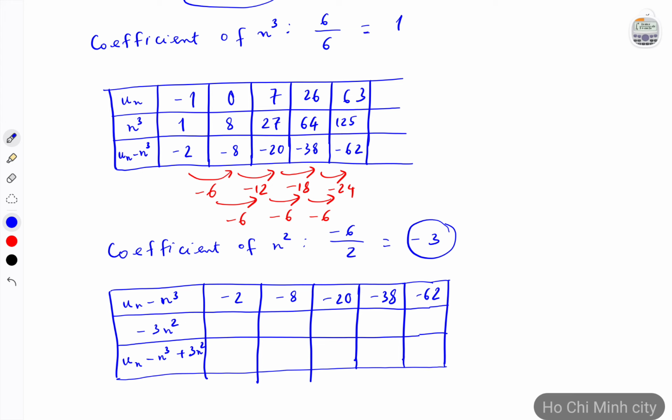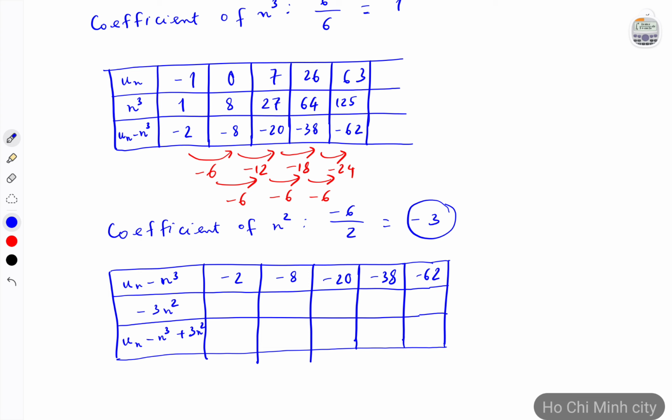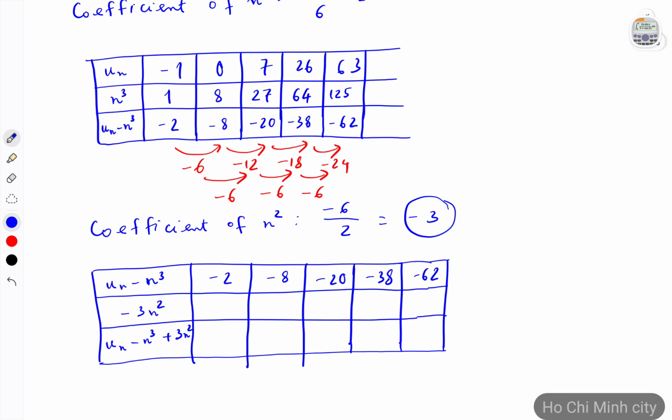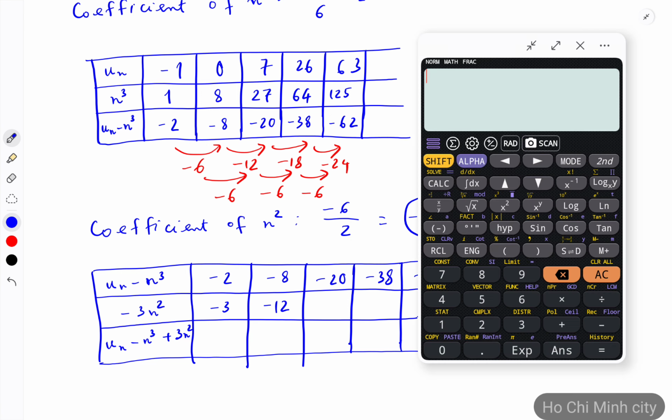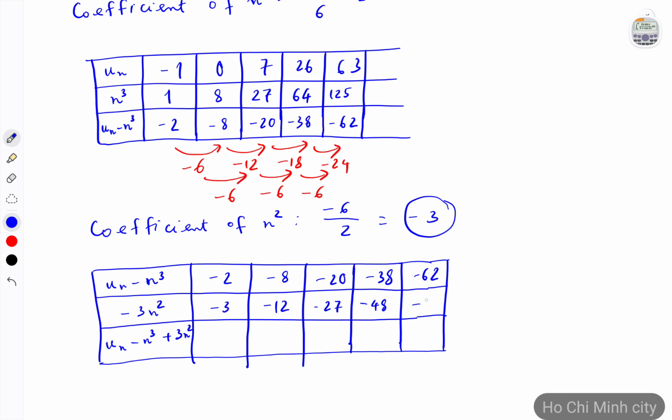For the second row, we have negative 3n squared. For n is 1, the first one is negative 3. For n is 2, 2 squared is 4, and then we have negative 12. When n is 3, it is negative 27. When n is 4, it is negative 48. And when n is 5, that is negative 75.